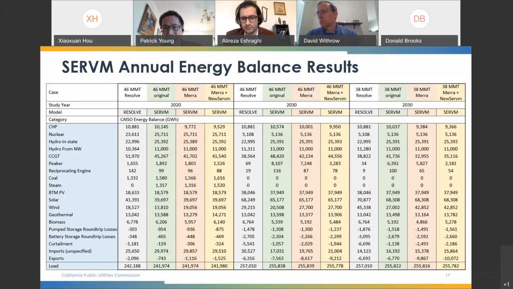And since charging of storage differed a little bit, it added a small difference to the overall demand. Okay, yeah, that makes sense. Thanks for that explanation. Thank you, Matt.